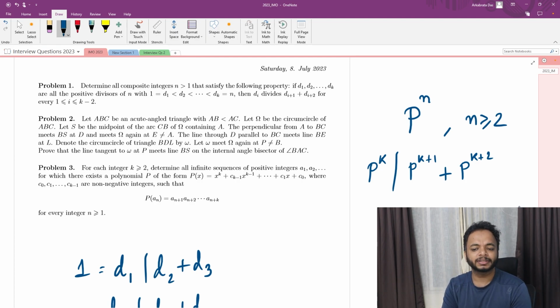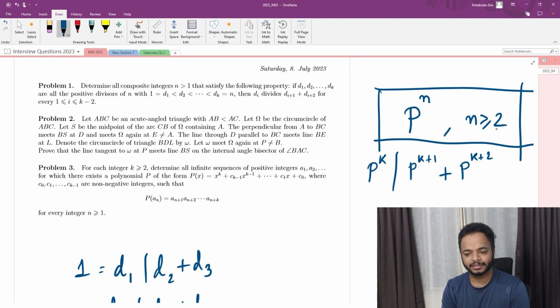So this holds, and the only numbers that satisfy this are prime powers, which are composite. Okay, so yeah, I hope I haven't made any mistakes anywhere.